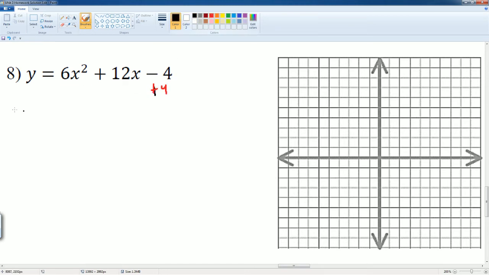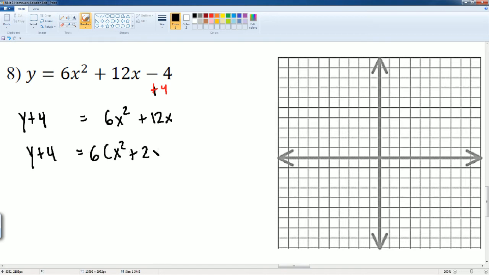This now gets us y plus 4 is equal to 6x squared plus 12x. Now, if you notice, there's a GCF here, so I can factor out 6. So it's x squared plus 2x here.